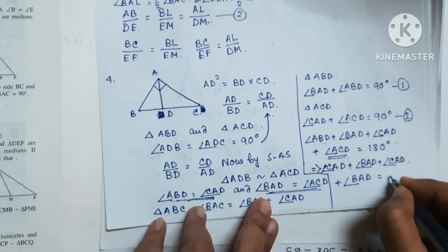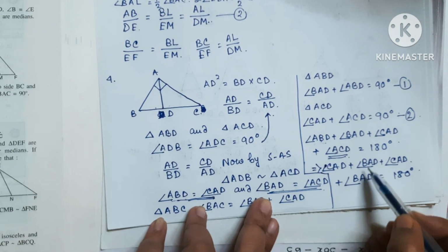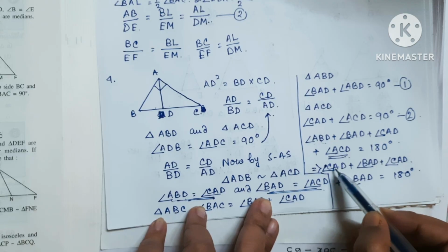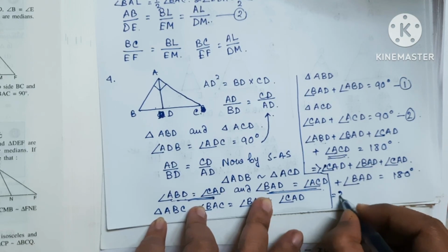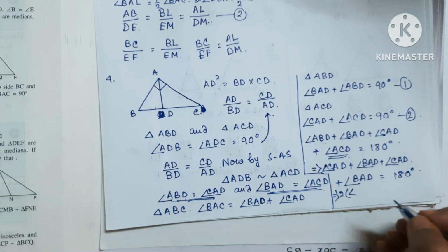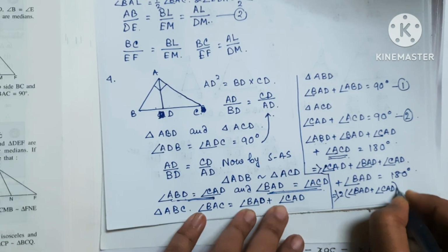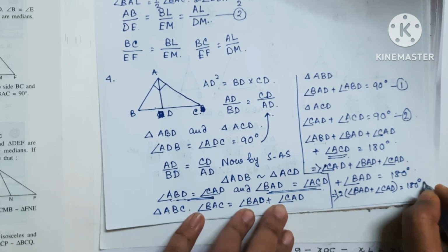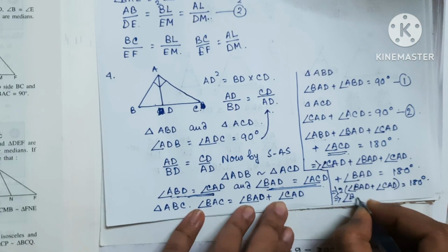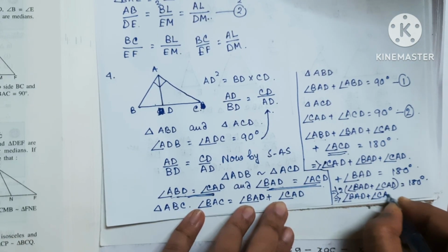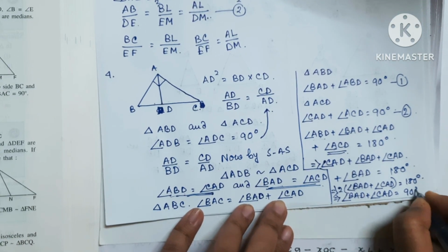So that is equal to 180 degrees. Now see, BAD you have written twice and CAD you have written twice. So you can write 2 into angle BAD plus angle CAD equal to 180 degrees. That means angle BAD plus angle CAD is equal to 90 degrees, right?